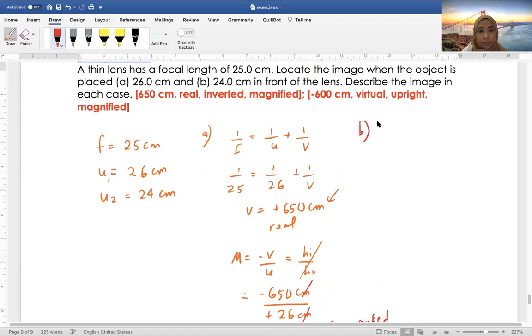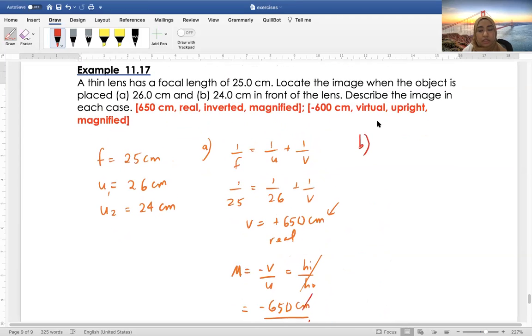And for B, your u is 24. 1 over f, which is 1 over 25, equals 1 over u plus 1 over v. Remember, everyone has to have the same units. If not, convert everything to meter. 1 over u, 24, then 1 over v.